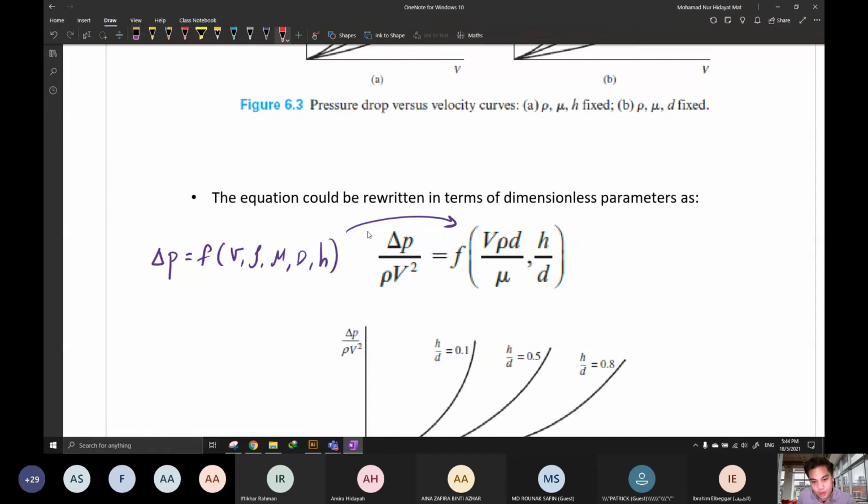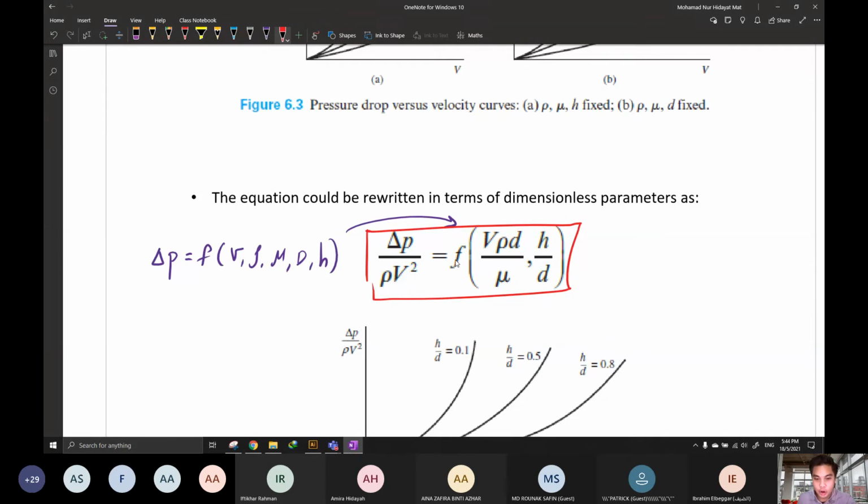This is what we call dimensionless analysis. You can see the left hand side is unitless, and the right hand side is also unitless, no unit. It is homogeneous.